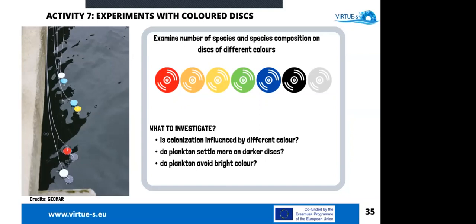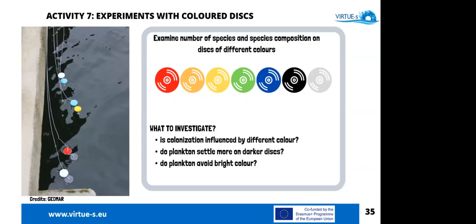So basically what they did is they painted the discs with different colors, for instance dark or bright colors, and they deployed the discs in the Kiel harbor. And after some time in the water, they analyzed whether the phytoplankton colonization was influenced by the different colors, for instance, if the phytoplankton settled more on a darker disc or on a brighter disc.